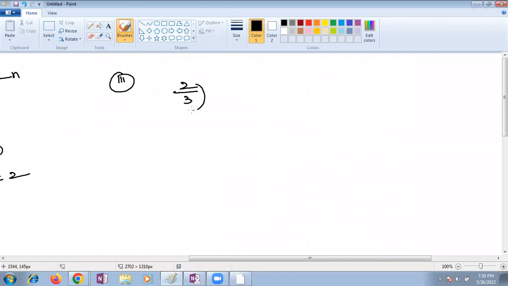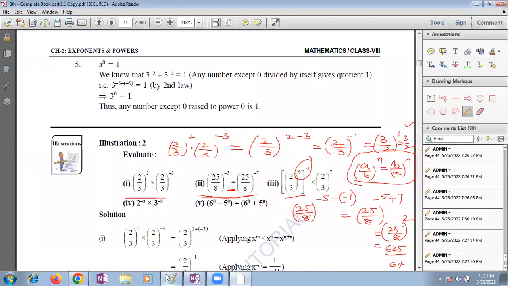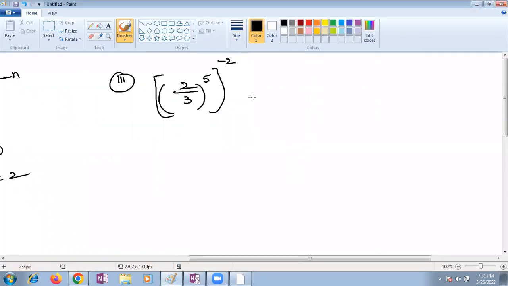2 by 3 whole to the power 5, and once again whole to the power minus 2. And not only this, what is the other condition given here? Into 2 by 3 raised to the power 7. Children, first you need to go with this part.